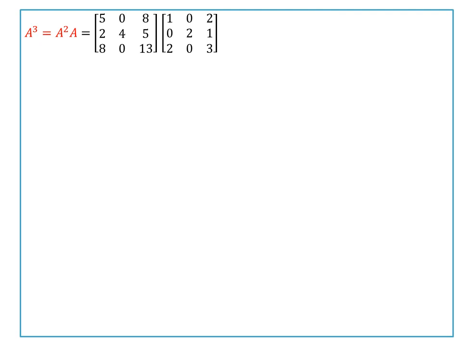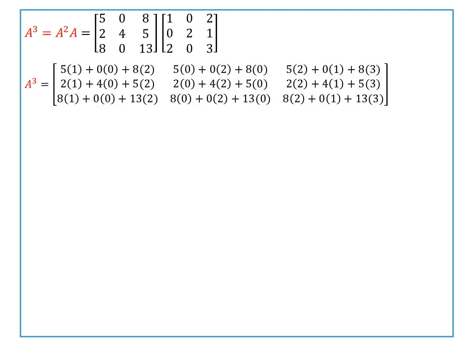Now we'll find A cube by multiplying A square and A. That gives first row to the first column: 5 into 1 plus 0 into 0 plus 8 into 2. First row to the second column: 5 into 0, 0 into 2 plus 8 into 0. First row to the third column: 5 into 2 plus 0 into 1 plus 8 into 3. Next, second row to the first column: 2 into 1 plus 4 into 0 plus 5 into 2.